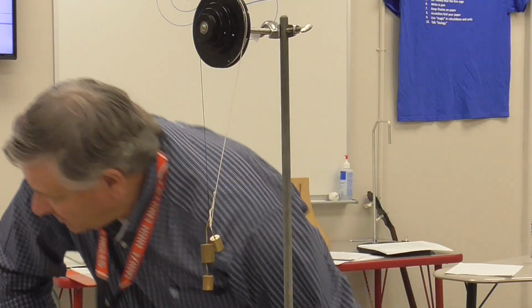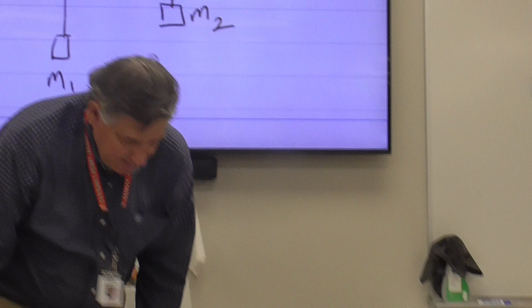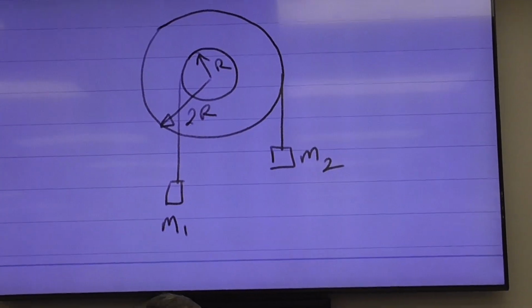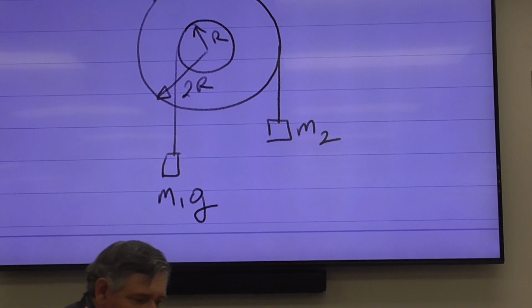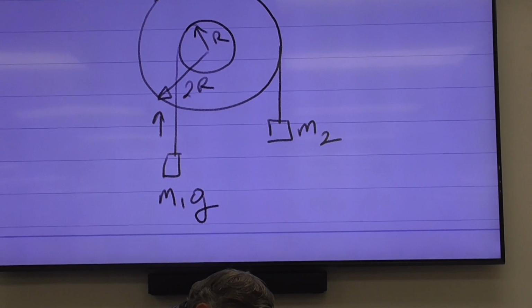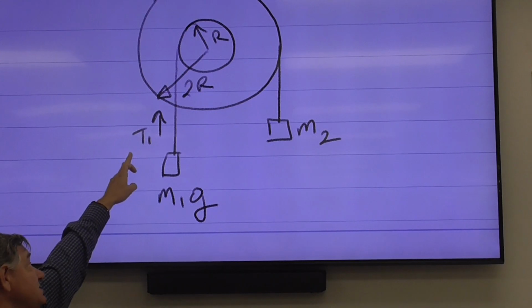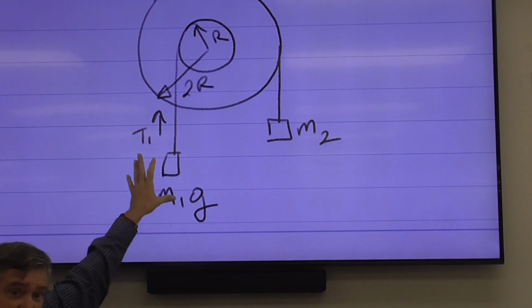So let me hook these back up so that they stay. Go and give this a spin. Here's what we just established. Here's M1, and that downward force is M1G. Over here, you have tension 1. Which one is bigger, tension 1 or M1G? M1G, because that falls.